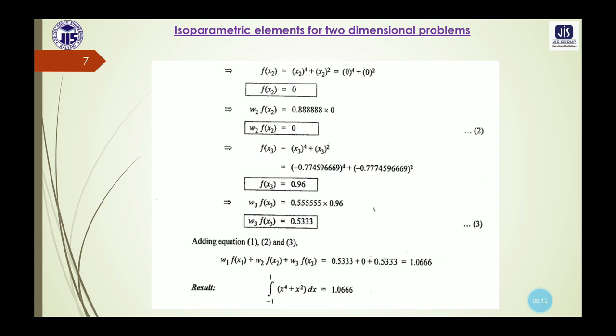In a similar manner, we need to calculate f(x3). So f(x3) is x3 to the power 4 plus x3 square.